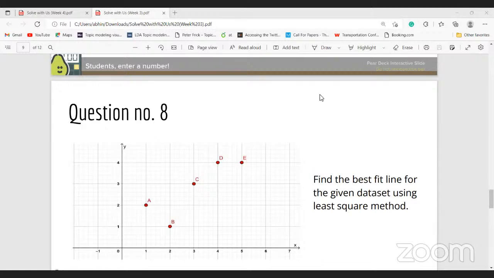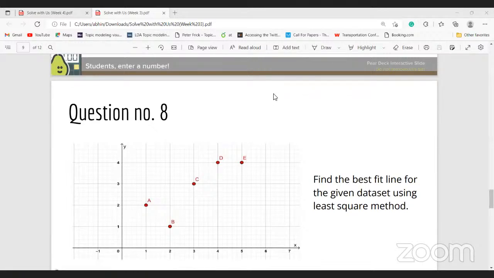Anyone can please explain? How will you solve it? Linear regression. So first of all, we'll tabulate the data.